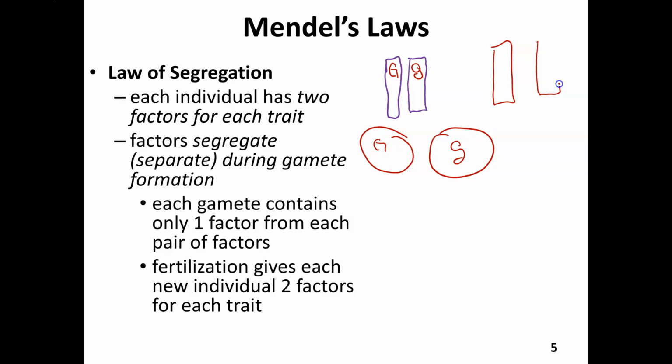He'll have his two chromosomes, and he might have a big G and a little g also. And so his are going to either be big G or little g as well. So each gamete is going to contain only one factor, only one of the alleles, from each pair. So when fertilization occurs, then you're going to produce that homologous pair again, one from mom, one from dad.